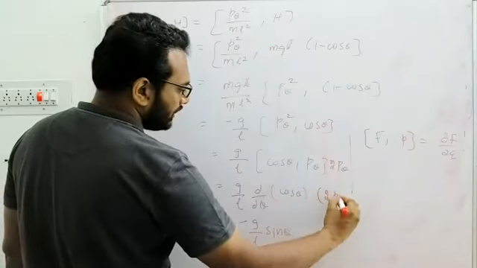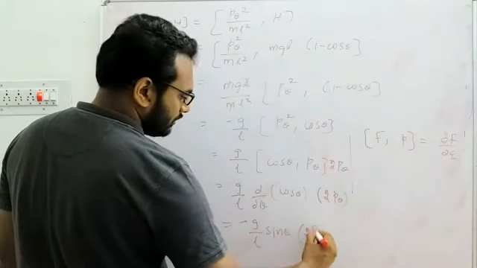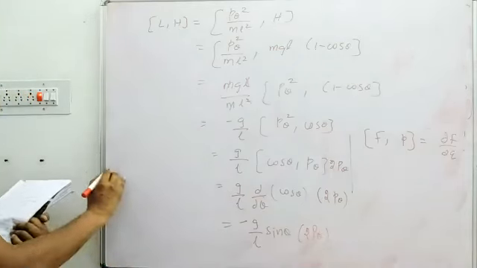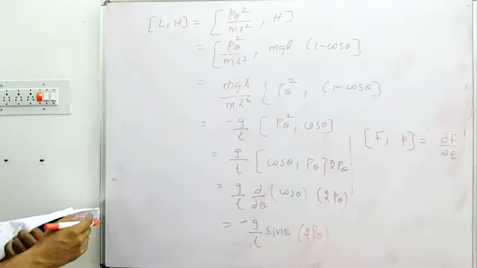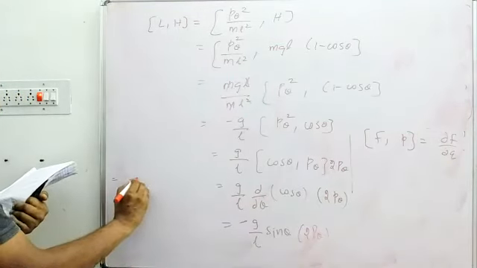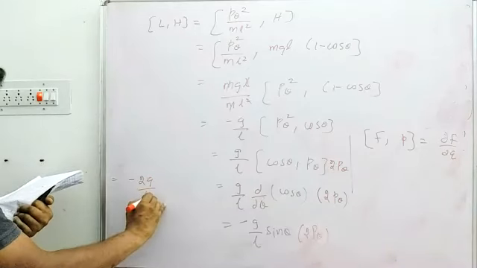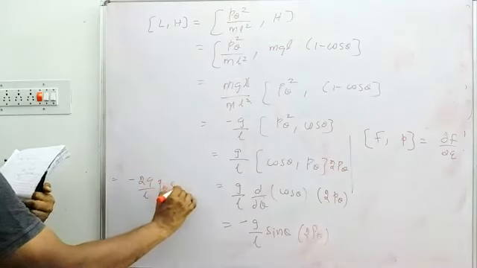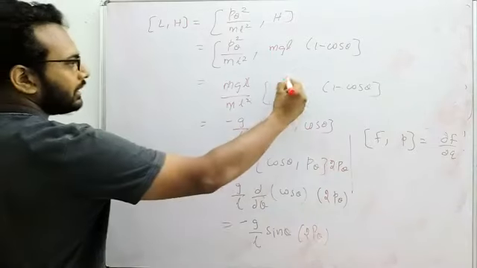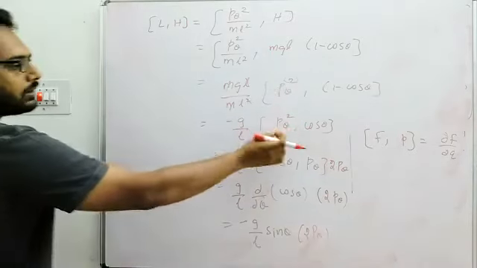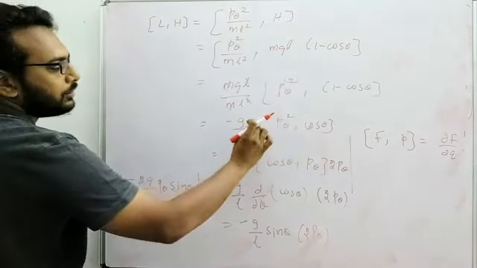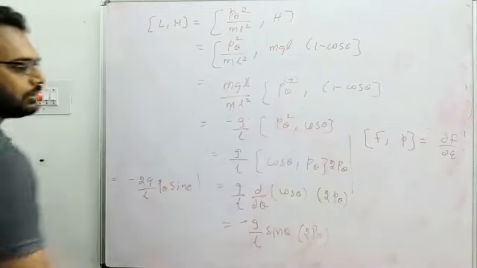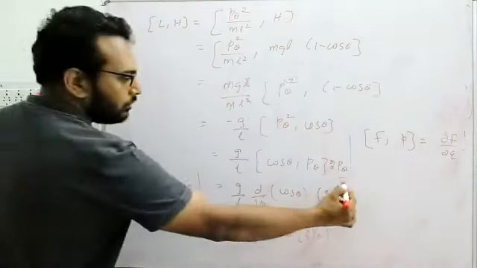So the final answer is minus 2g by l, p theta sin theta. I'm sorry, I dropped the square there. So if you have a square here, it's simply 2 p theta multiplied by p theta with cos theta. So there's an extra 2 p theta over there.